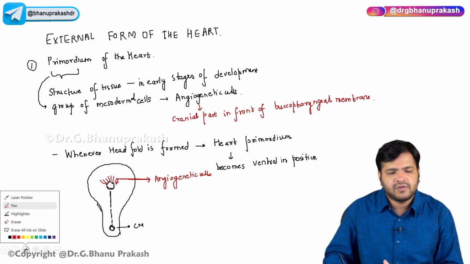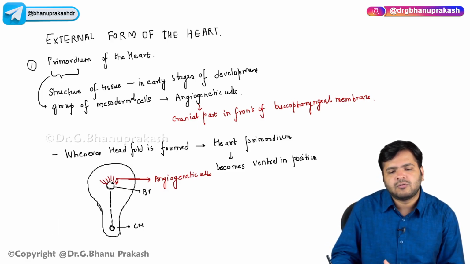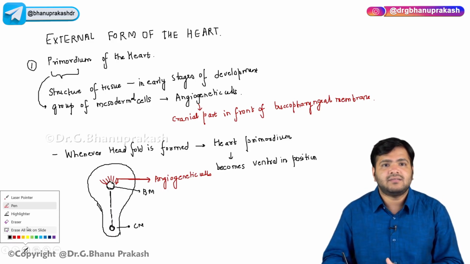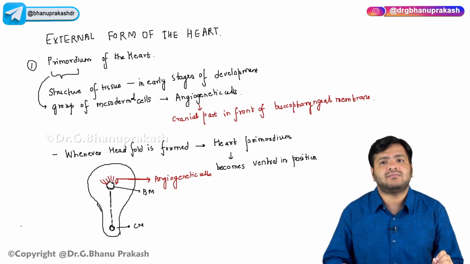This is the buccopharyngeal membrane, and over these angiogenetic cells we have the primordium part. So, these are the angiogenic cells.